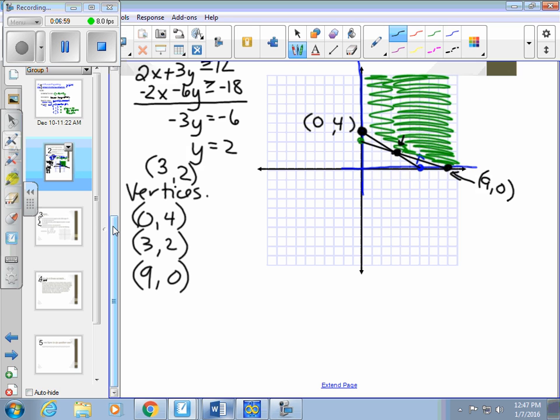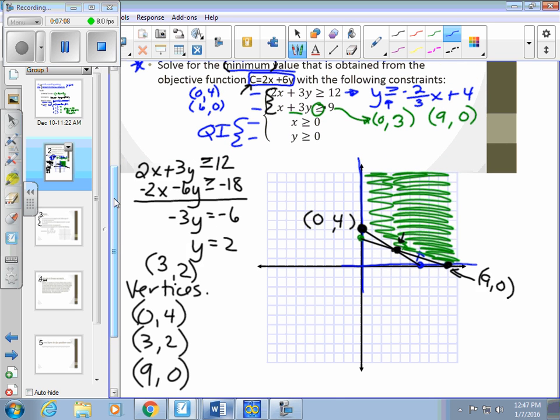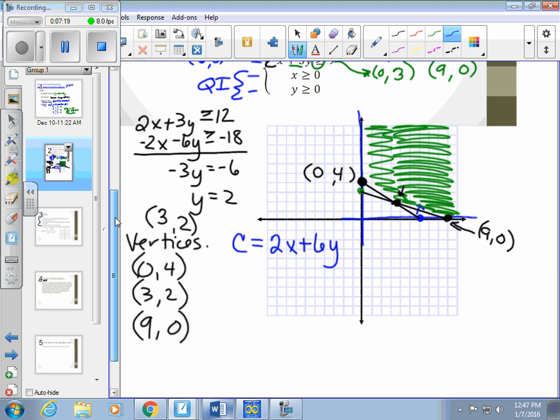We want to check each of those into our constraint and see which one gives us the minimum value. So as we look at things, our constraint, we have the equation c equals 2x plus 6y. We're going to plug each ordered pair into that particular value. I plug in my x, I get c equals 2 times 0 plus 6 times 4.